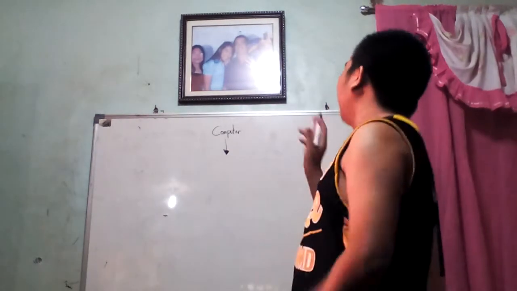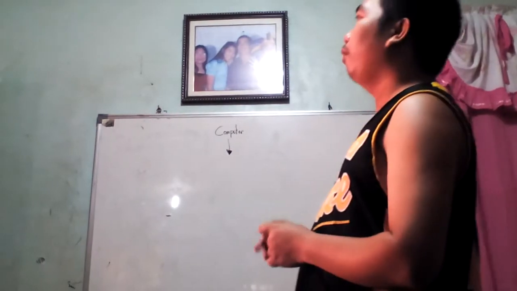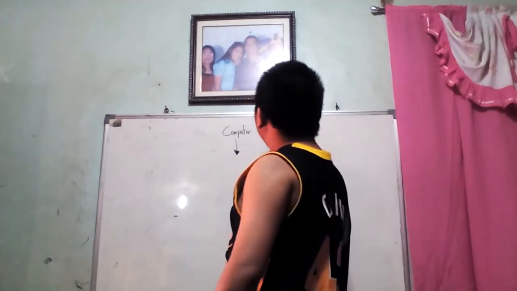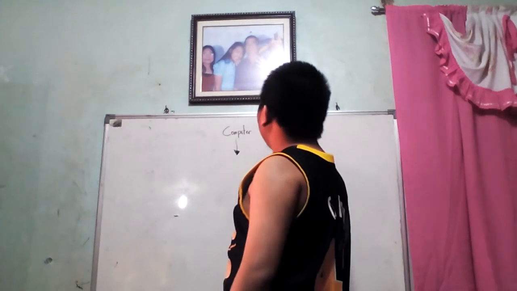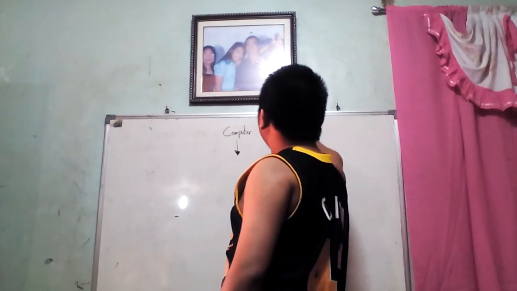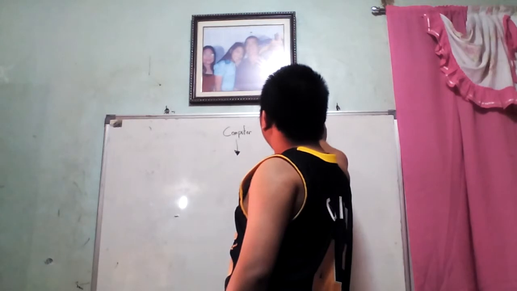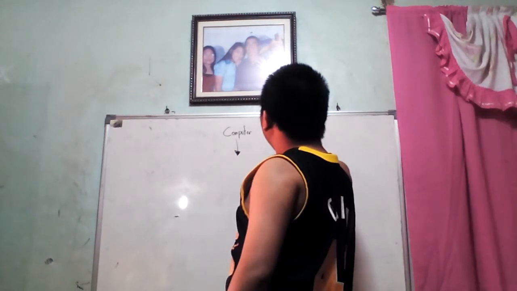Okay, in a computer we have three parts that can be found in a computer, and we have here data and information.